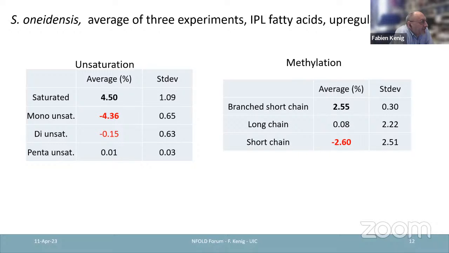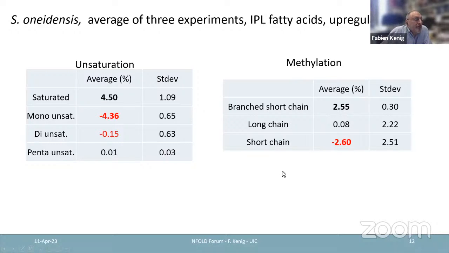And quantitatively, these are significant numbers, and they are close to one another. The diunsaturated and pentaunsaturated are essentially not changing, and very variable for the diunsaturated.